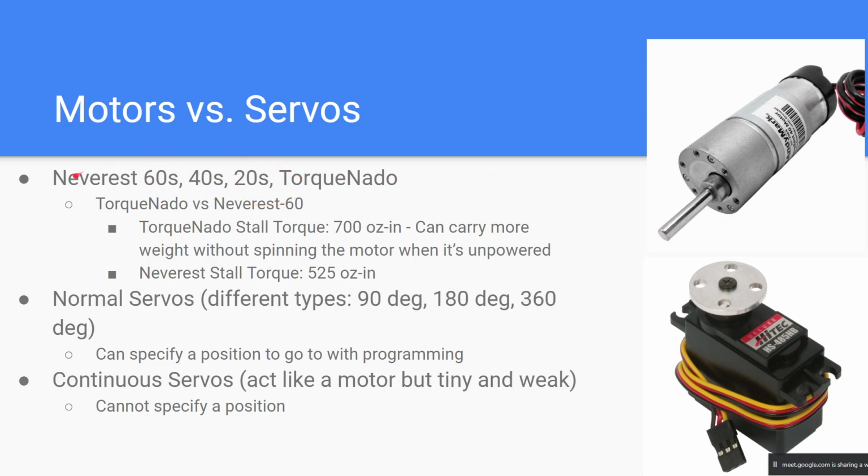These are all from the same brand called AndyMark. The numbers basically relate to the speed. The bigger the number, the more torque, so the stronger the motor is. But like I said before, the stronger you are, the slower you are. So this motor is going to be slow, but strong.